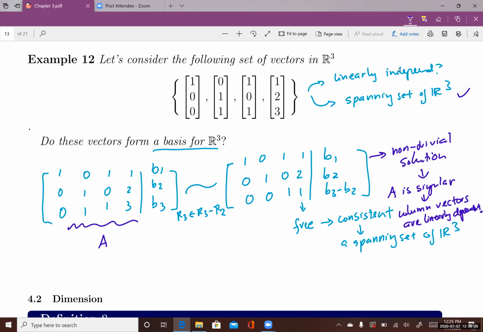So we know, and then this answers our question: no, right? And this is a yes. So this set of vectors spans R3, but they are not linearly independent.